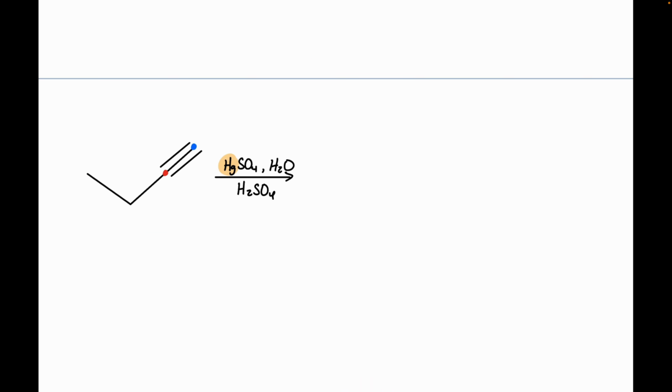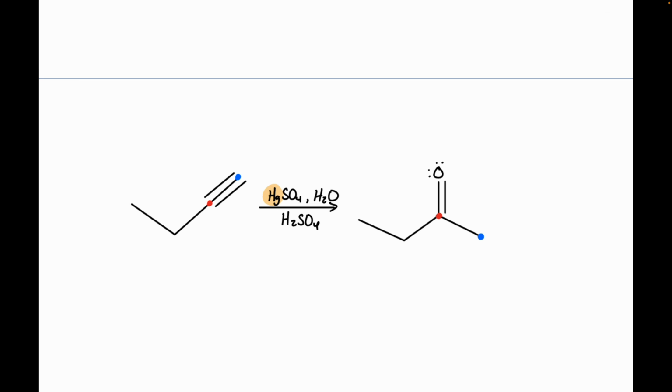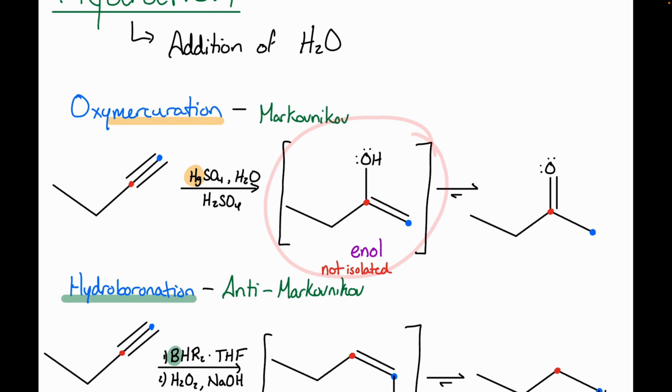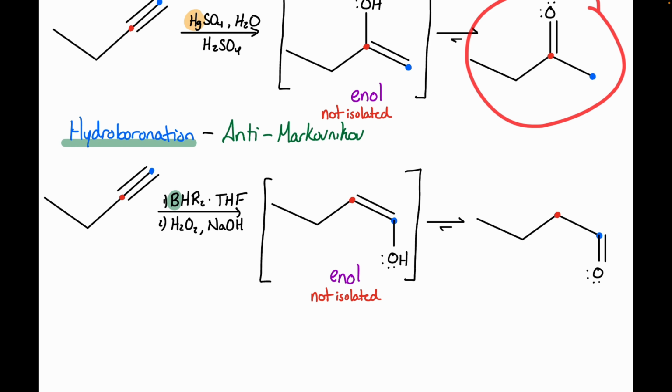When you treat an alkyne with that mercury sulfate, water, and sulfuric acid, you get a ketone product. You don't isolate that enol, right? That was the whole point, that this isn't what is formed here. Rather, it just quickly falls apart into this thing here. Same thing over here.